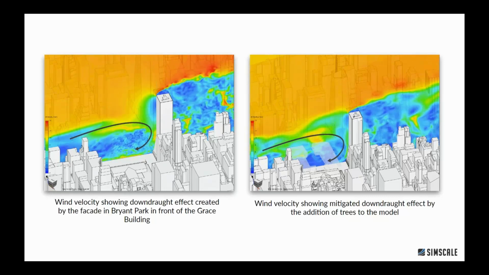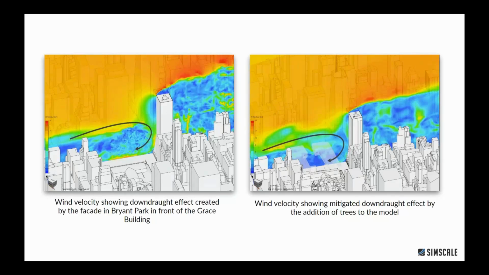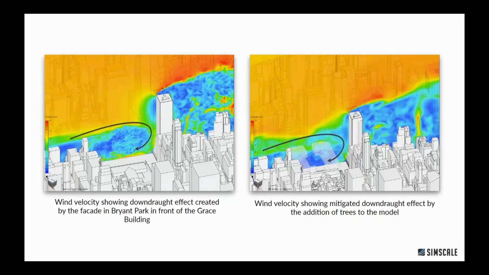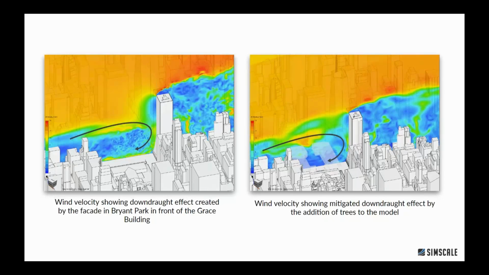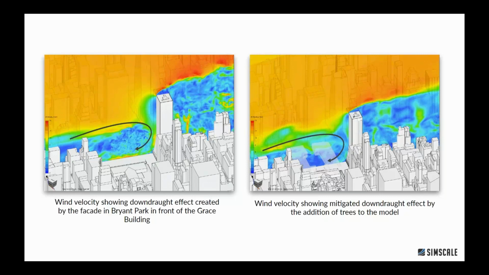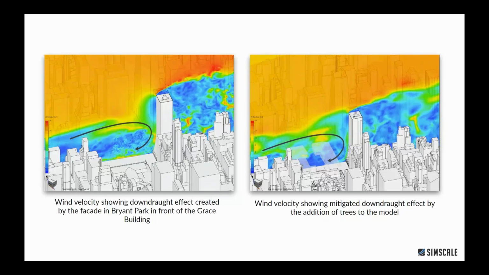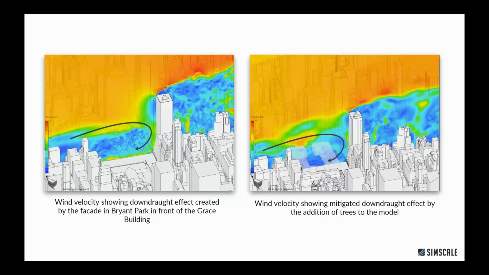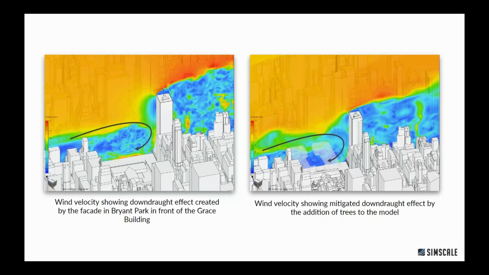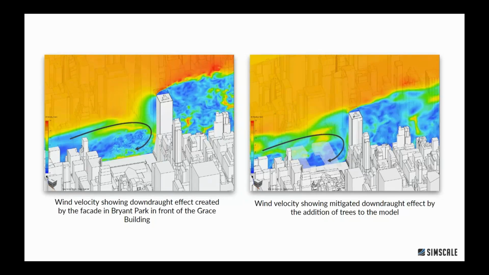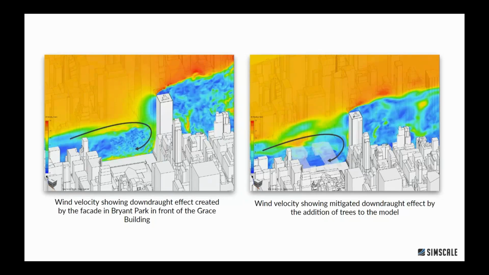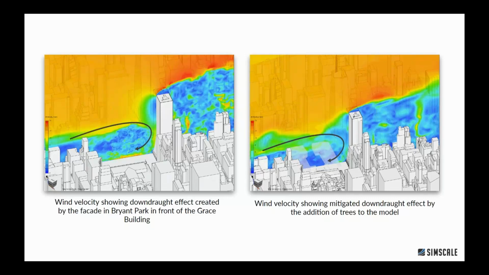On the right-hand side, we've managed to implement the effect of the trees as some sort of zone. And with a specific porosity, as Meg mentioned, we will be able to implement different types of trees with different porosity. They will oppose a certain resistance to the wind across their volume.